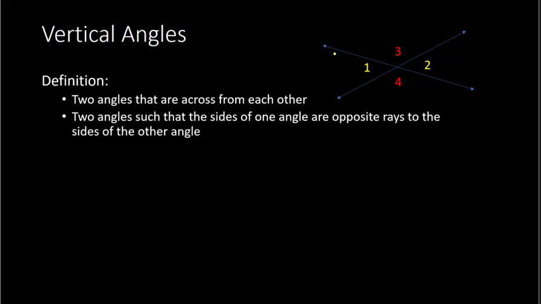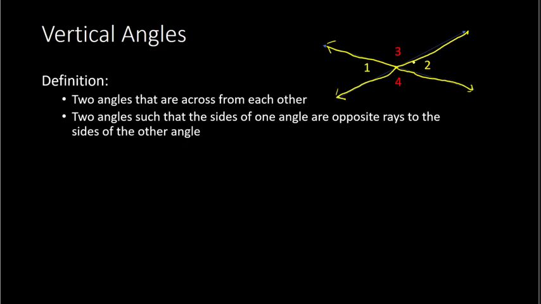So if you don't quite understand that, let me illustrate. Here we have angle 1 is made up of this line, right? It's this ray, and then this ray. Okay? So if I take a look at this one right here, the opposite ray would be going in the opposite direction, which would be right here. And then this ray, the opposite ray, would be right here.